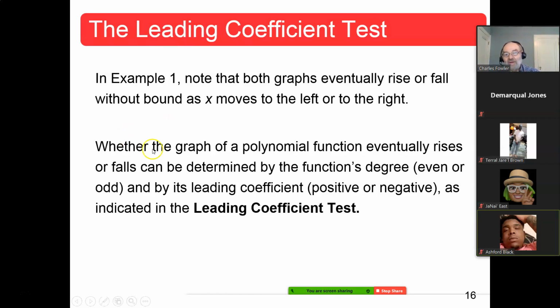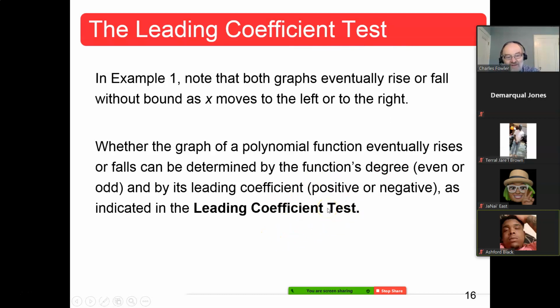Whether the graph of the polynomial function eventually rises or falls can be determined by the function's degree, that's even or odd, and by the leading coefficient, positive or negative, as indicated in the leading coefficient test. Why do they call it that? If they just said leading term test, that takes into account the degree and the coefficient.